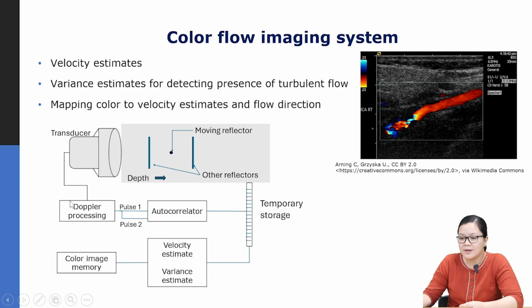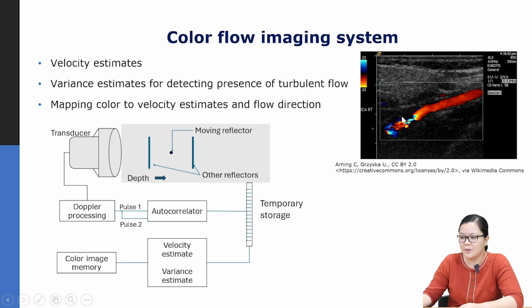So with a color flow imaging system, you can estimate the velocity of the flow, also looking into the variance in the velocity estimates. Now, if you have turbulent flow, for instance, in this image here, where you have a color flow image of an artery with a stenotic region, there's some obstruction here that's causing these different color changes in the Doppler color map right here.